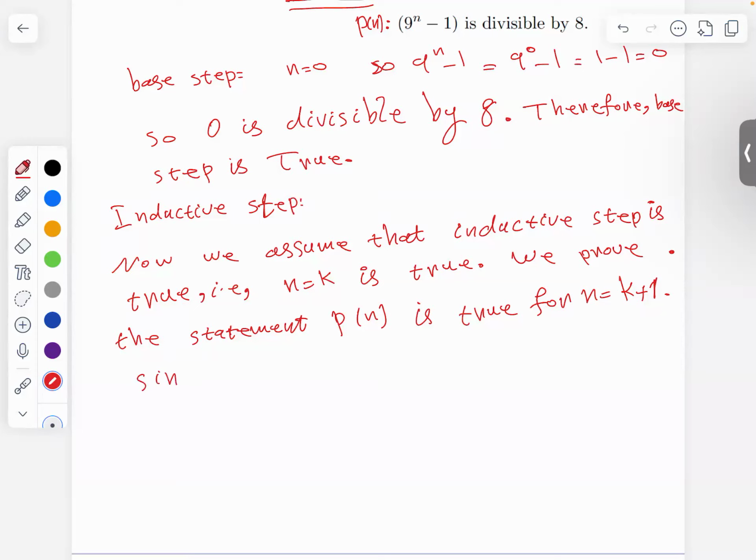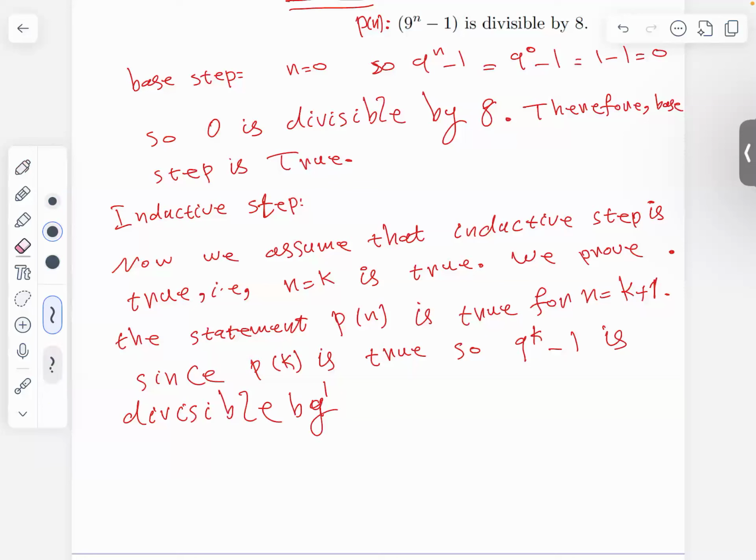Since Pk is true, so 9 power k minus 1 is divisible by 8, i.e., 9 power k minus 1 is equal to 8 times s.